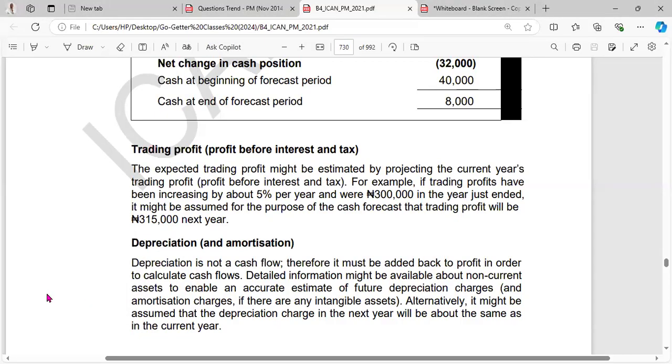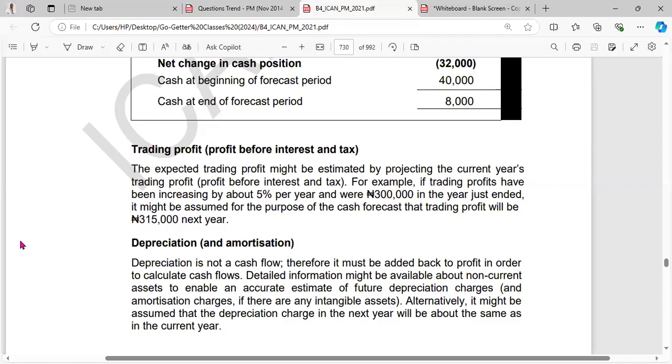That's what we are saying here. Then depreciation and amortization. Depreciation is not a cash flow. It is just a provision for wear and tear. So because we have provided it in the income statement by way of prudency, but no cash actually goes, because even though you wrote your financial statement, you have depreciation and you even have accumulated depreciation.